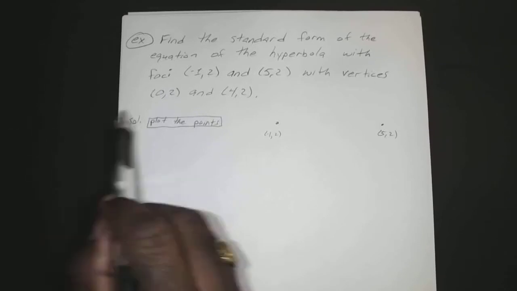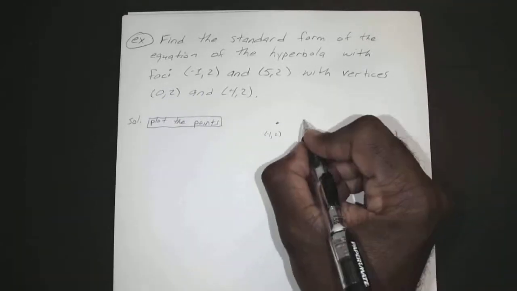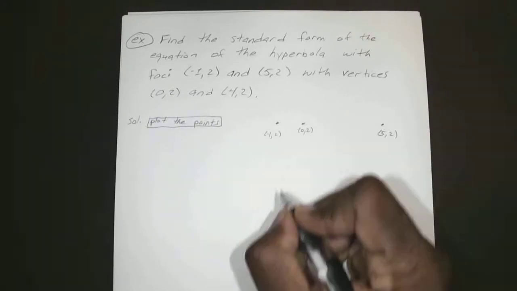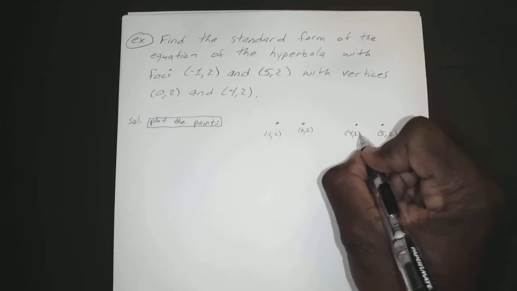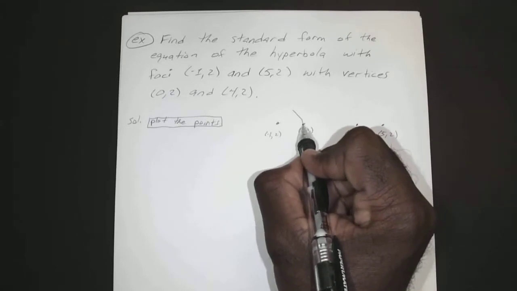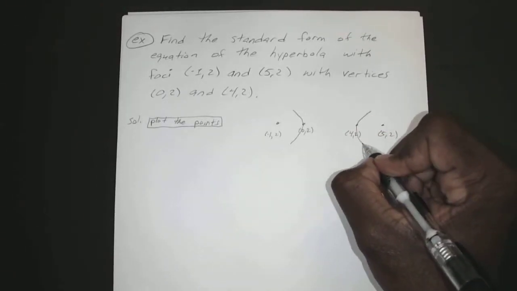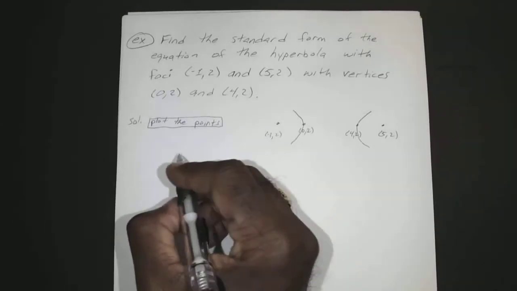Okay, so those are your focus points. And your vertices, remember, they're just inside. So that's (0, 2) and (4, 2). Okay, so if these are your vertices, the hyperbola is going to go like that, not like that. It'll look a little bit better, but hopefully you get the idea. So we know just from here that it's horizontal.